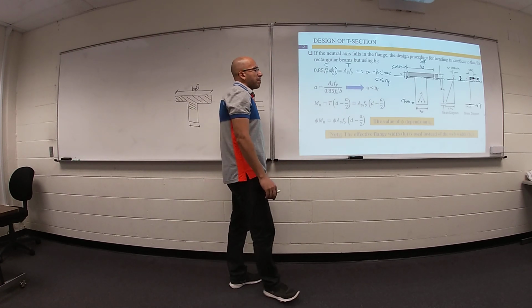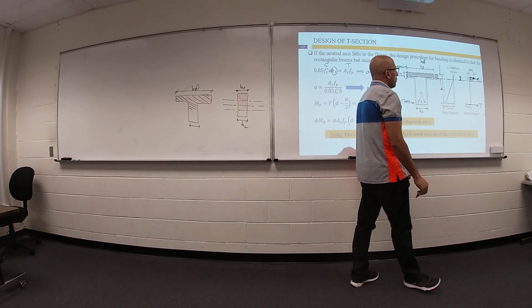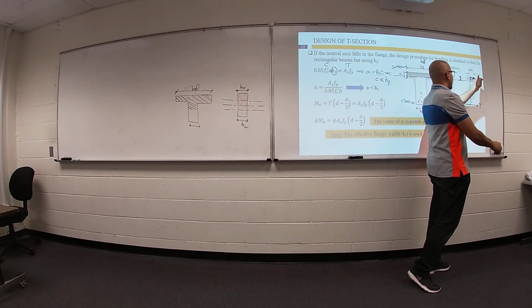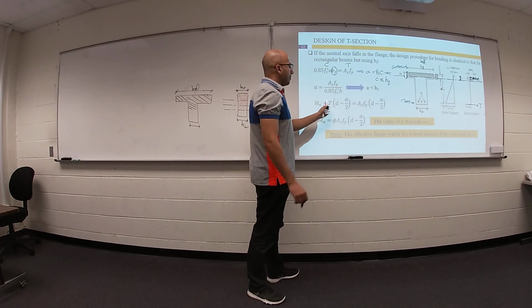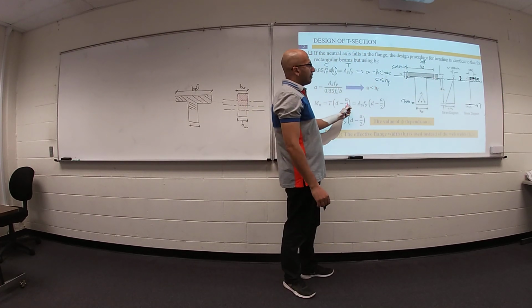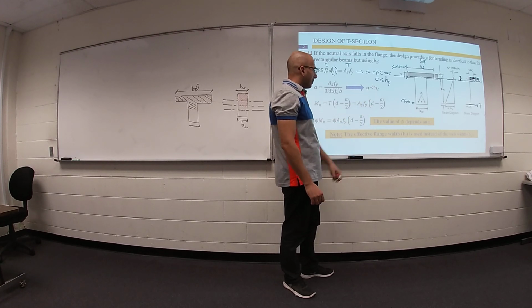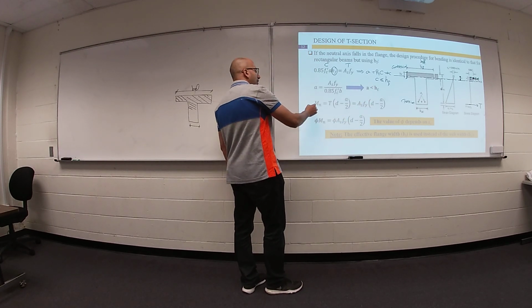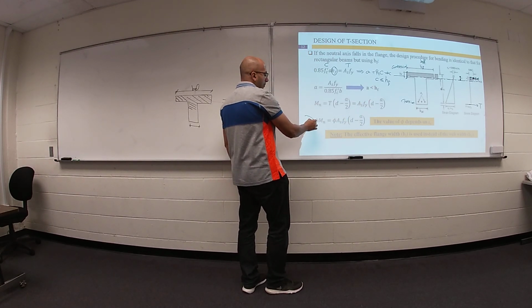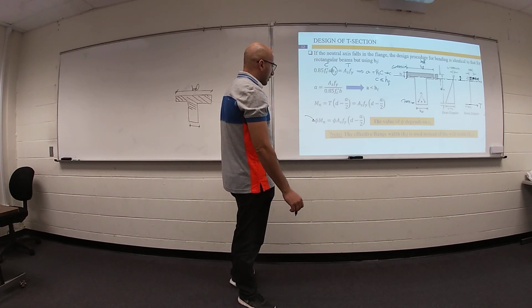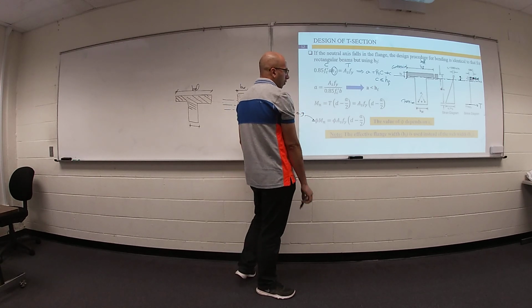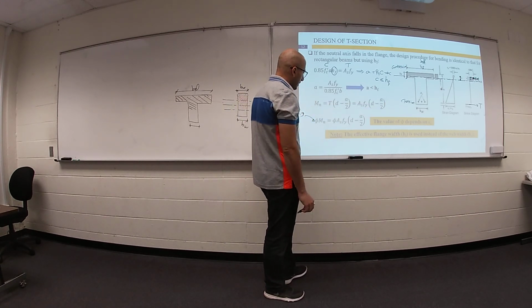Go ahead and get your nominal moment. Take moment here, maybe. Your nominal moment will be T times D minus A divided by 2, area steel F yield times your distance. If you would like to get your design, you need to multiply it by phi. Phi equal 0.9 most of the time, or based on what is the value of epsilon T.